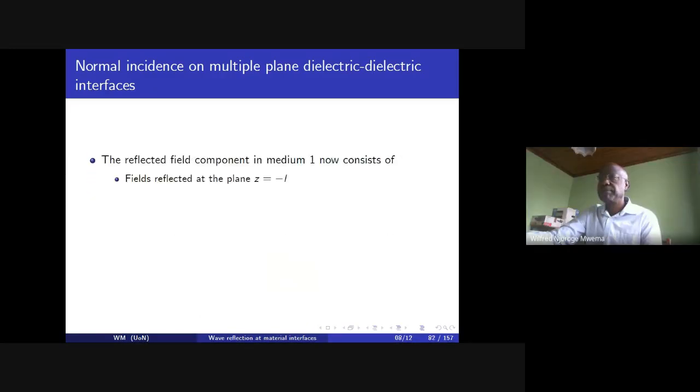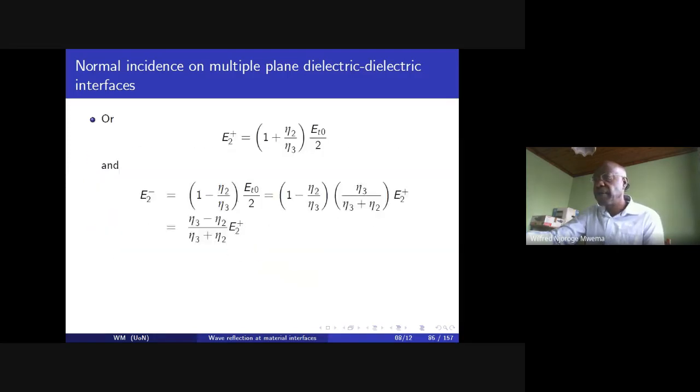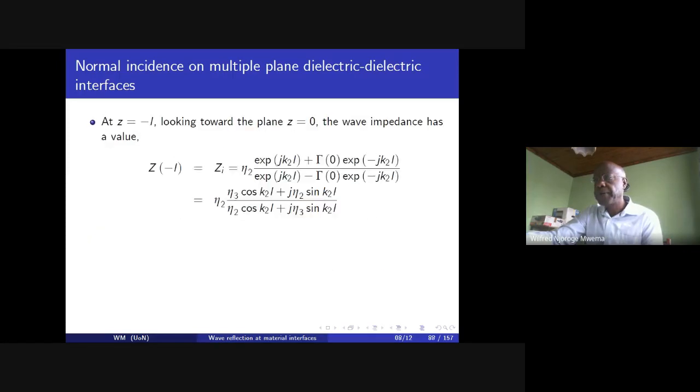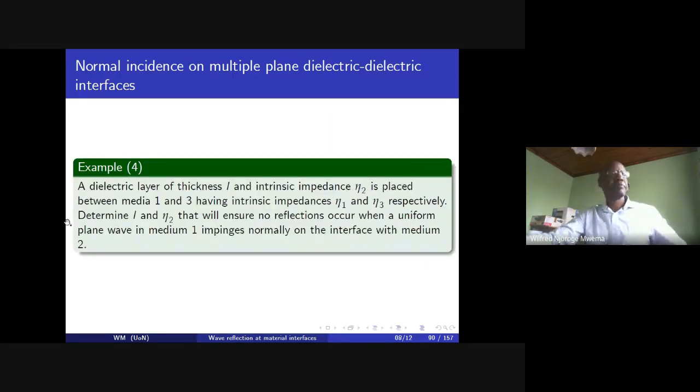You're welcome. So now we can continue. I don't know where we were before. We were talking about example 4. A dielectric layer of thickness L and an intrinsic impedance eta 2 is placed between medium 1 and 3, having intrinsic impedances eta 1 and eta 3 respectively.